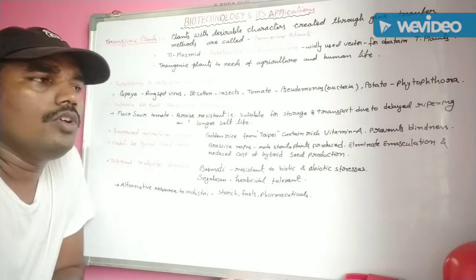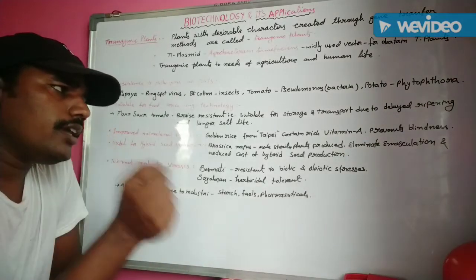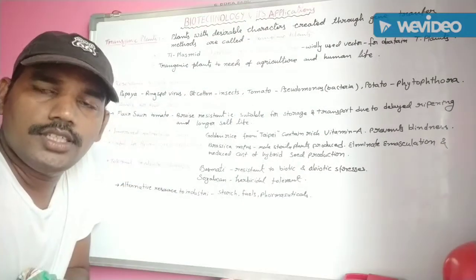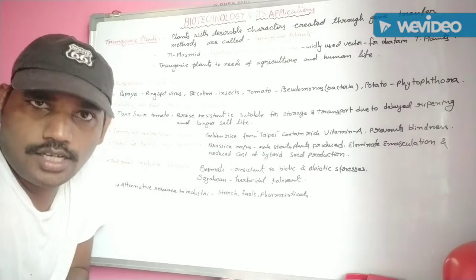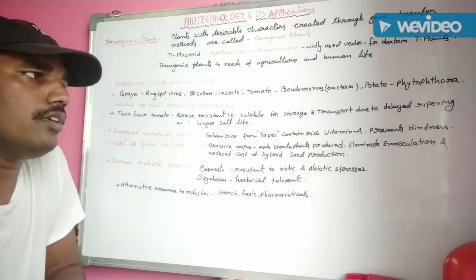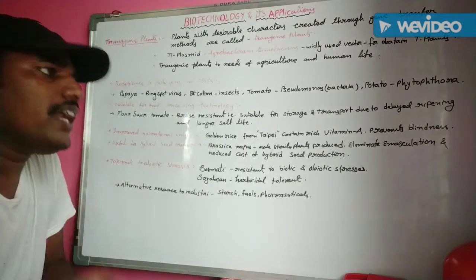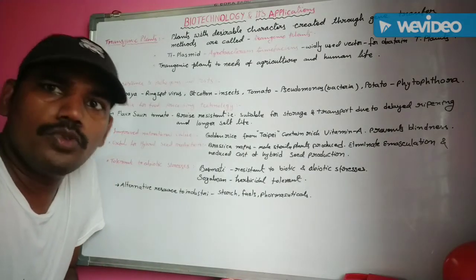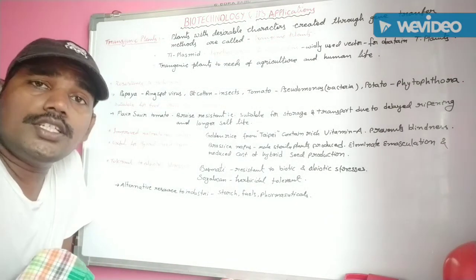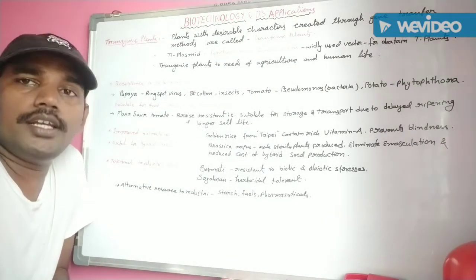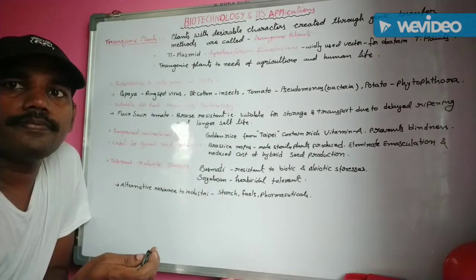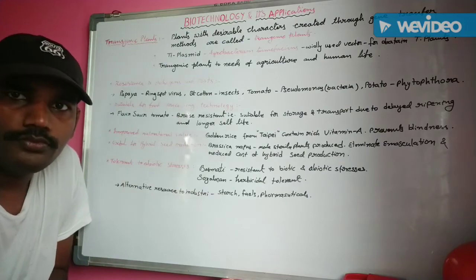So if you take this golden rice, you may not suffer from xerophthalmia. Blindness is prevented by this golden rice. In this way, different types of quality and quantity food material is improved by transgenic plants.